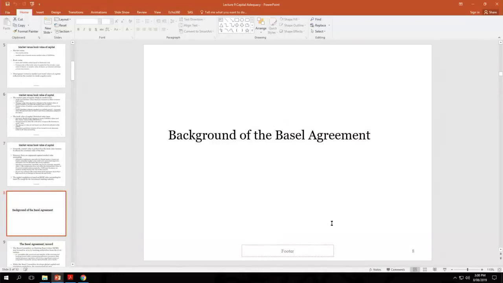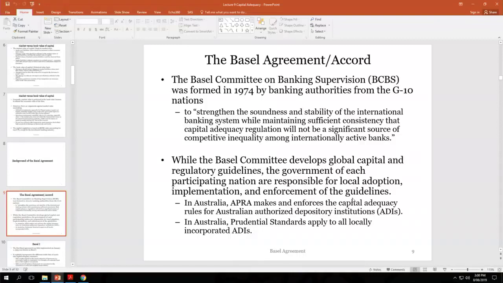We talked about some background of the Basel Agreement because most of the regulation we talk about will be based on the Basel Agreement framework. Also in Australia, APRA imposes those requirements closely following the Basel agreements. So we talked about the background, when the agreement was first initiated.